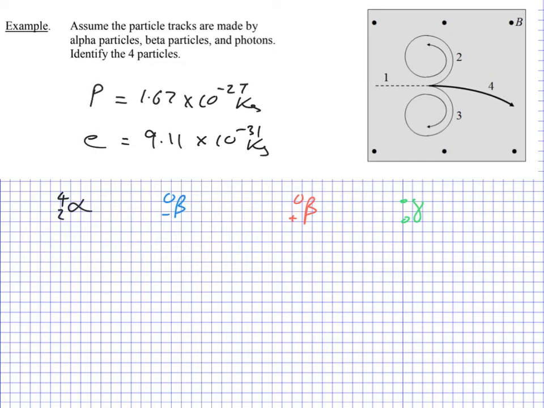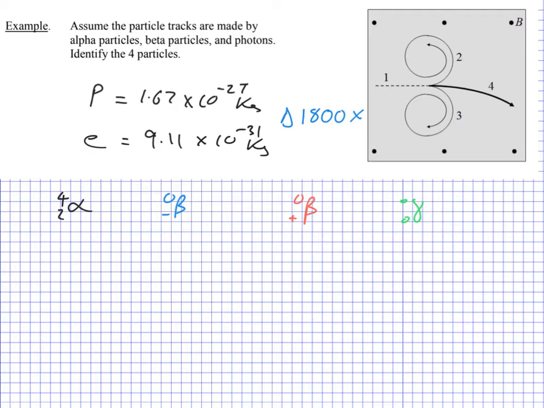So we can talk about an order of magnitude of about 4. In fact, if you did a quick calculation, you'd realize that there was a difference of about 1,800 times. In other words, the proton is nearly 2,000 times more massive than an electron.